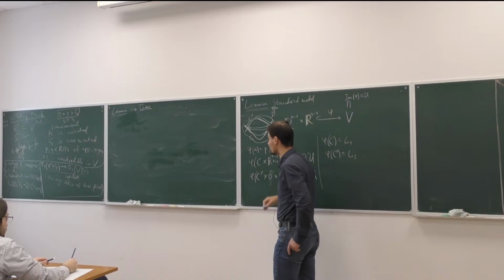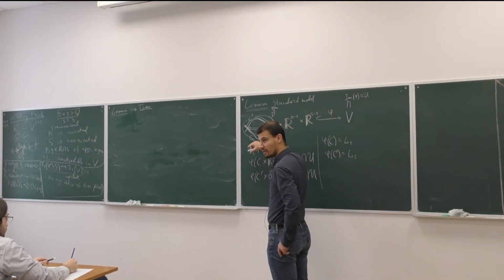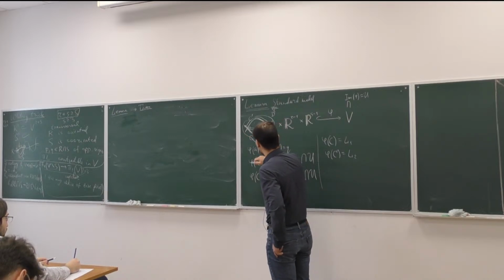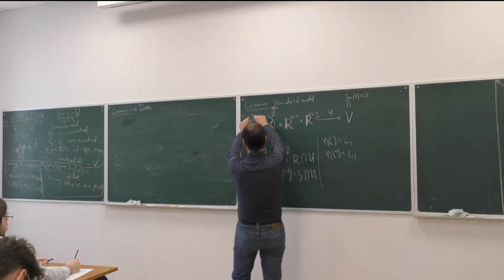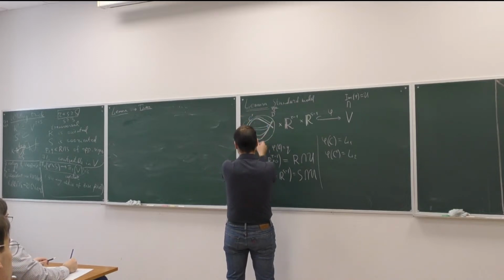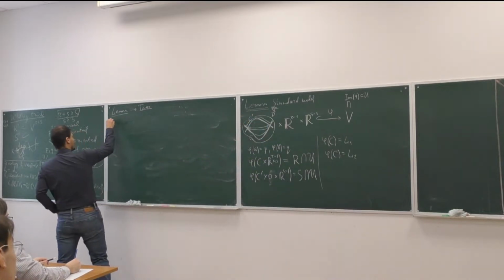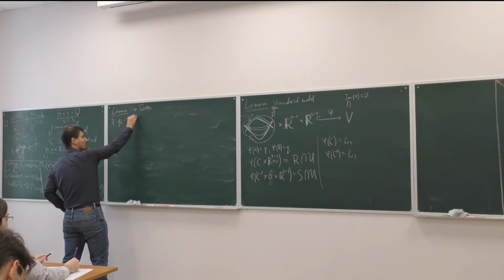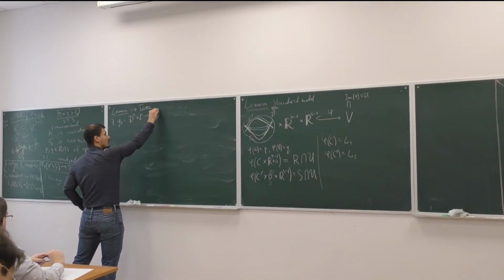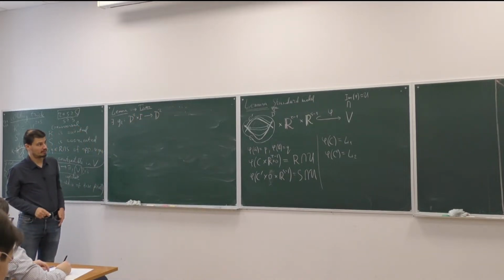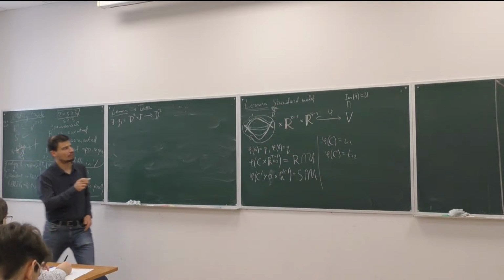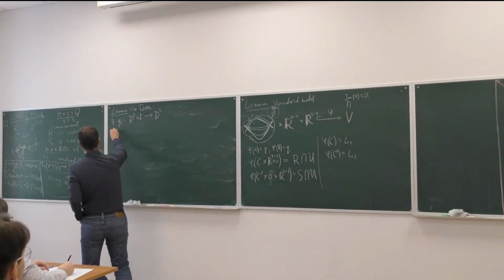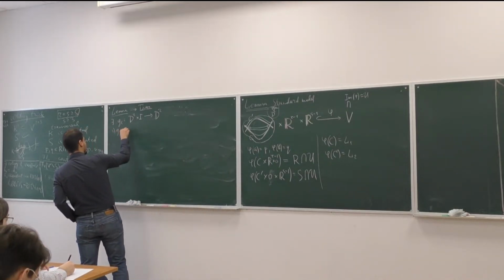So it is not hard to make an ambient isotopy of this disk with the following property: first of all, it starts from the identity. I recall that this is an open disk.